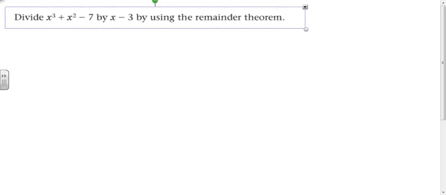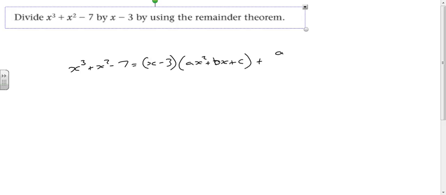Okay, so we've got x cubed plus x squared minus 7, and that equals x minus 3 times by something. So in order to get the x cubed, we're going to have something x squared plus something x, so plus bx plus c, and plus we're going to have a remainder.